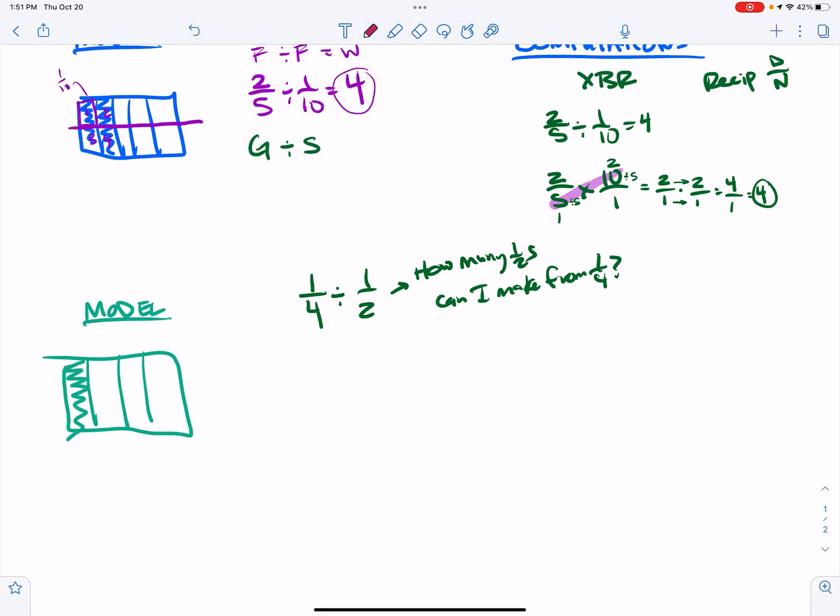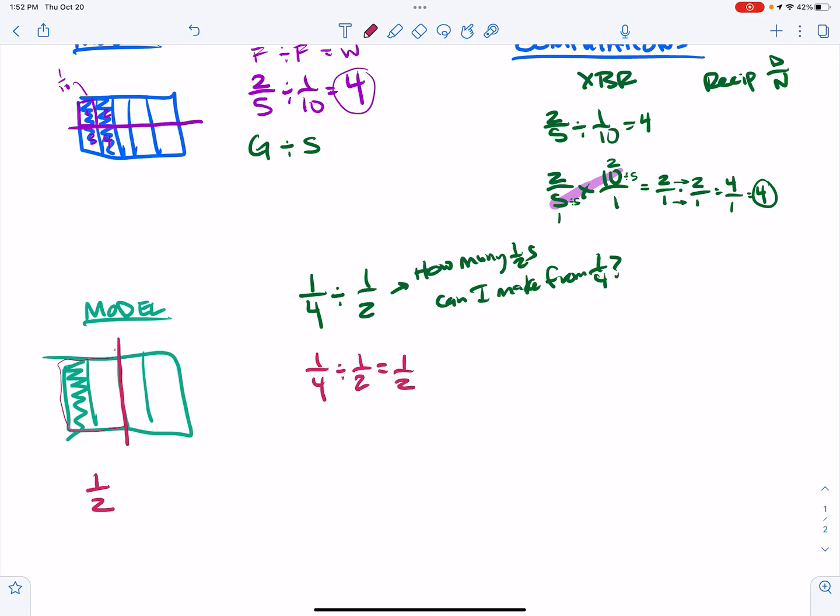When I look at this, I know a half of our model is right here, this amount. And so based on what I see here, I have 1/2 of what I need in order to get a half. So I have a half of a half. So 1/4 divided by 1/2, we can make 1/2 group.